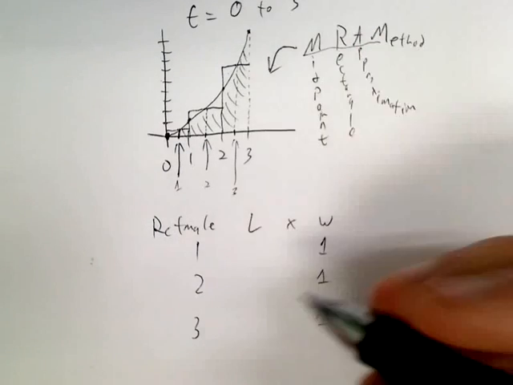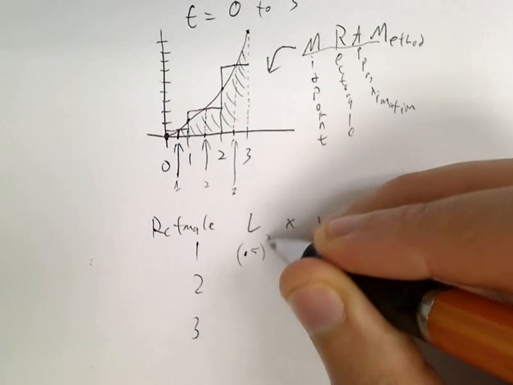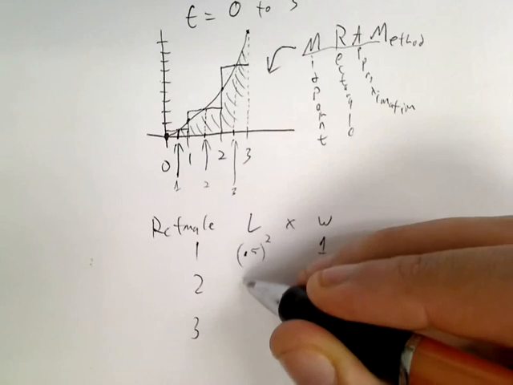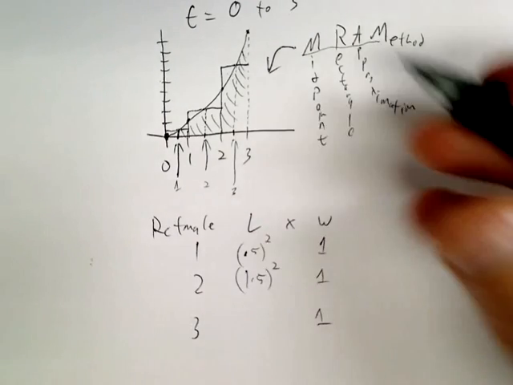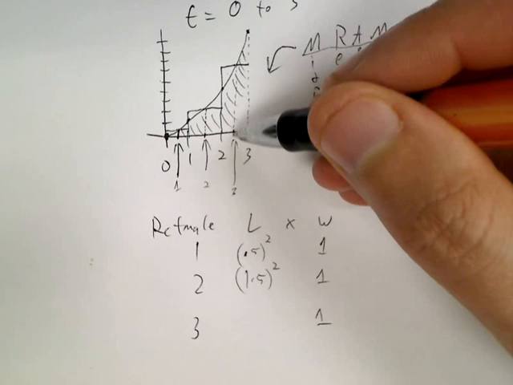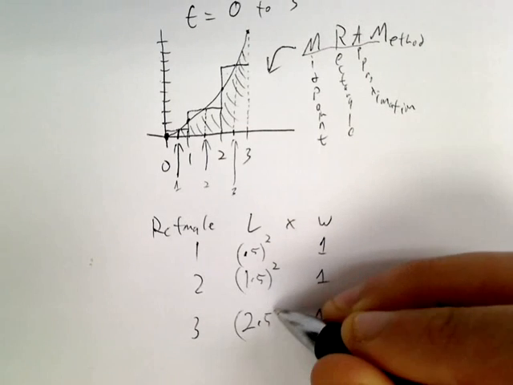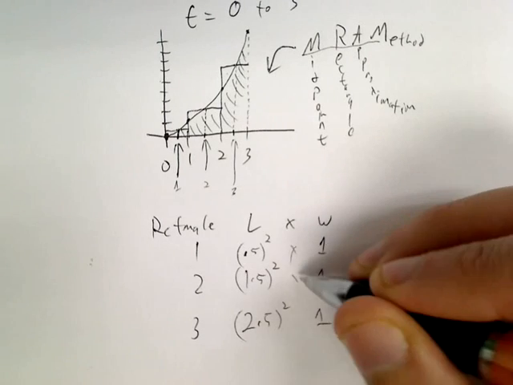So 0.5 squared. At 2, that would be 1.5 squared. At 3, the third rectangle here, that's 2.5 squared. So length times width.